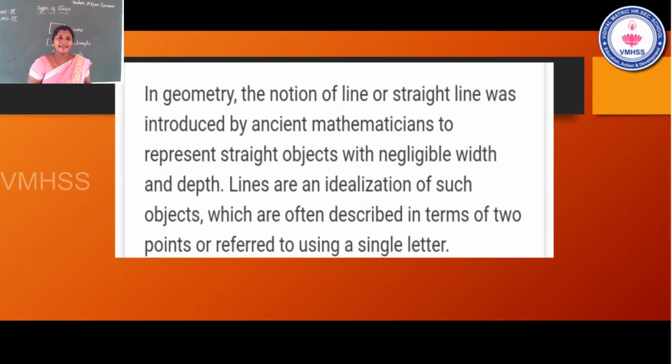What is a line, students? In geometry, the notion of a line or straight line was introduced by ancient mathematicians to represent straight objects with negligible width and depth. Lines are often described in terms of two points, or referred to using a single letter.